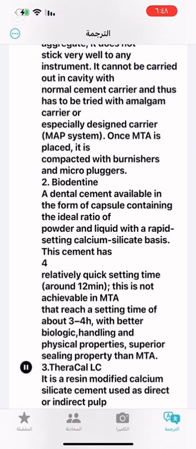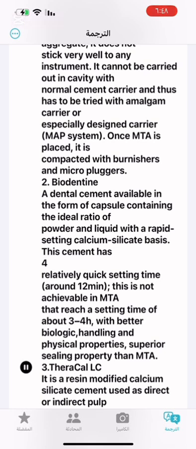This is not achievable in MTA, which reaches a setting time of about 3-4 hours, with better biologic handling and physical properties, and superior sealing property than MTA.